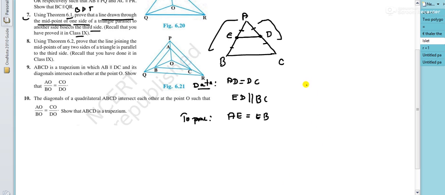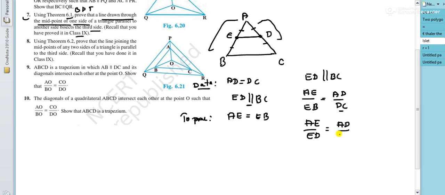Okay, so using this data we can write, since ED is parallel to BC, as per BPT, can we write AE by EB is equal to AD by DC? Yes, we can write. And since AD and DC are the same, because it is in data, they are equal, they are formed by the midpoint, so both of them will get cancelled and will get 1.